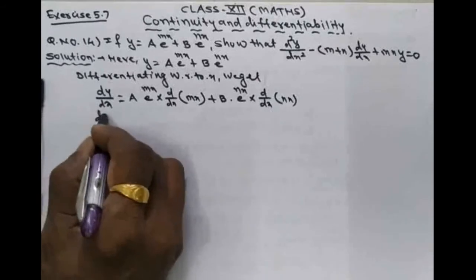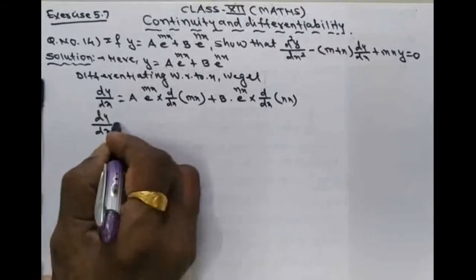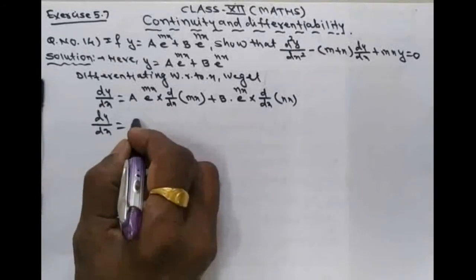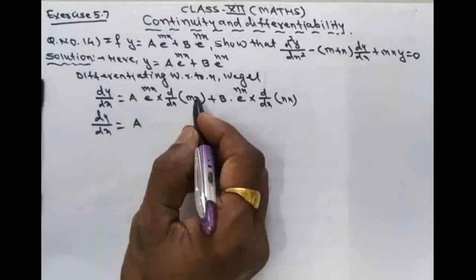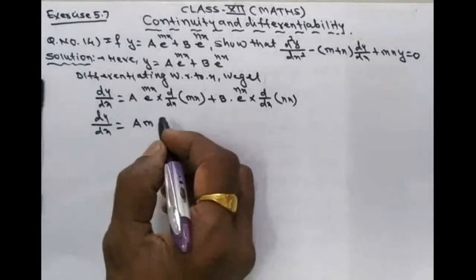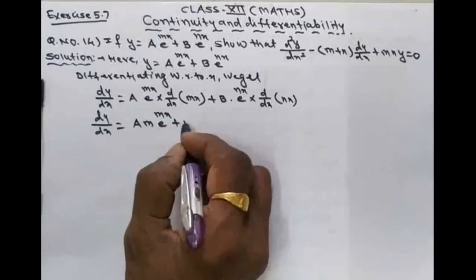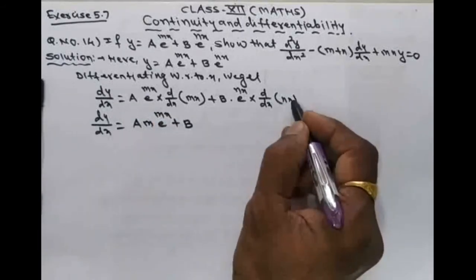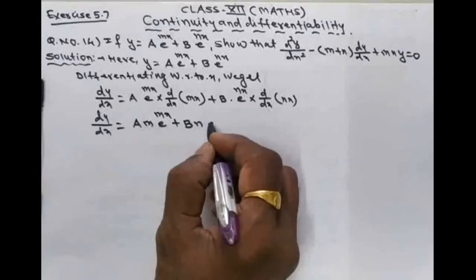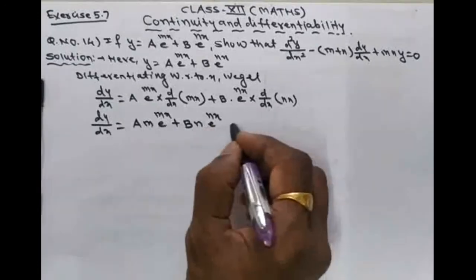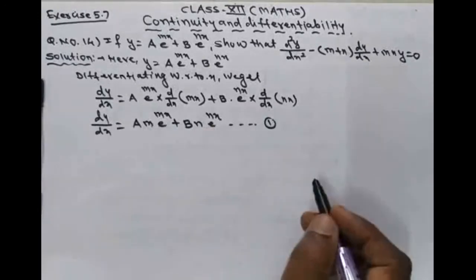So dy by dx equals capital A, derivative of mx is m, so that is m e raised to the power mx, plus capital B into derivative of nx is n, so n e raised to the power nx. So this is your number 1.